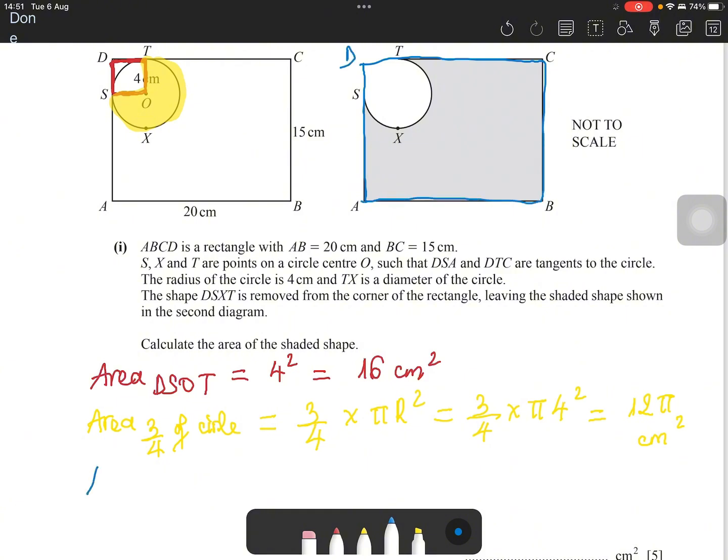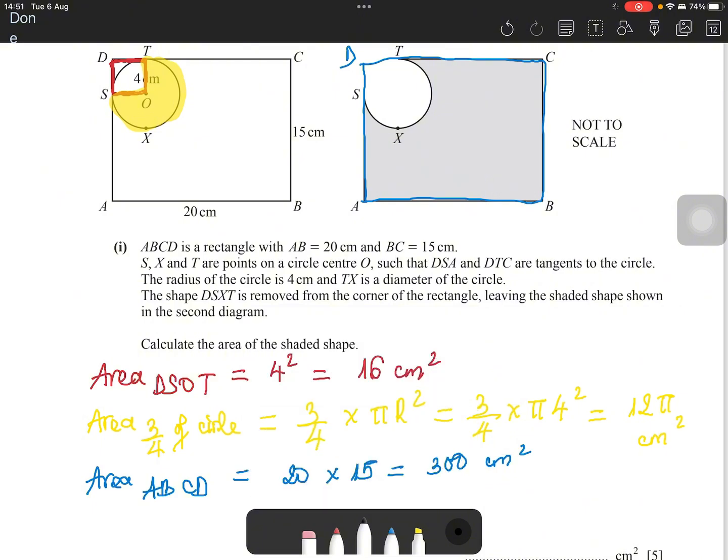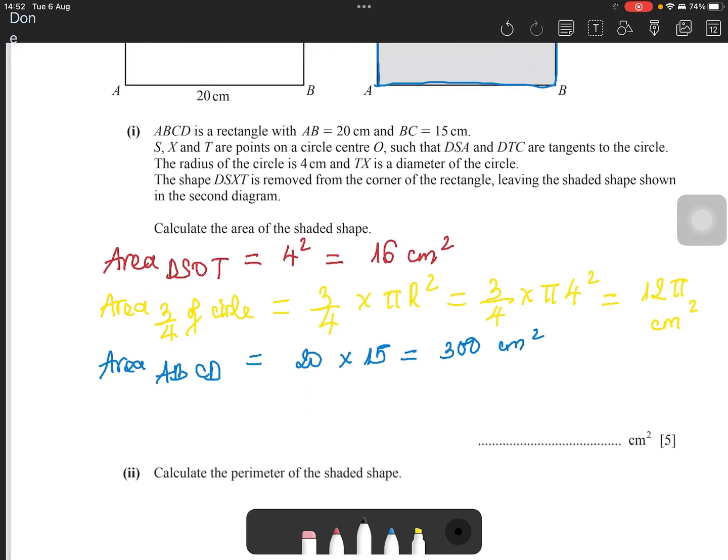Then we also know that the area of the whole rectangle ABCD is equal to the length multiplied by the width, which is 300 square centimeters. And now the area of the shaded shape. The area of the shaded shape is equal to the area of the whole rectangle, subtract the area of the square and 3/4 of the circle.